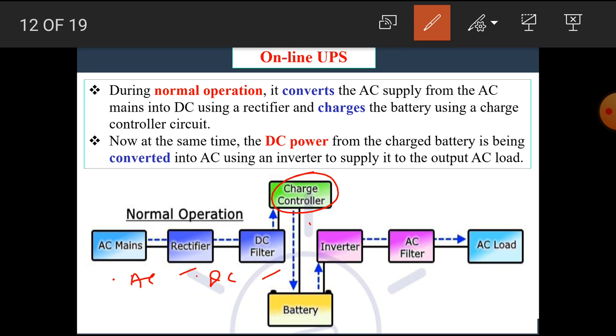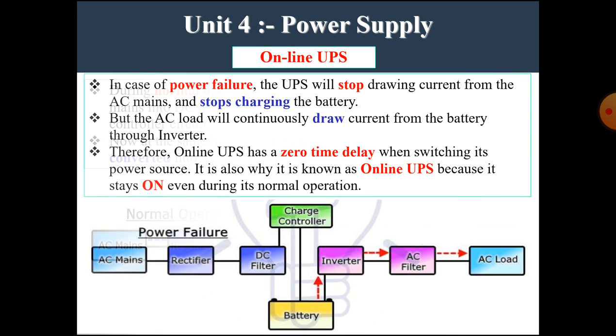The charge controller charges the battery. The battery has the DC supply and it is converted into AC. That means DC to AC conversion is done with the inverter block. This AC is smoothened with the AC filter and used to drive the AC load. Okay, this is the normal operation.